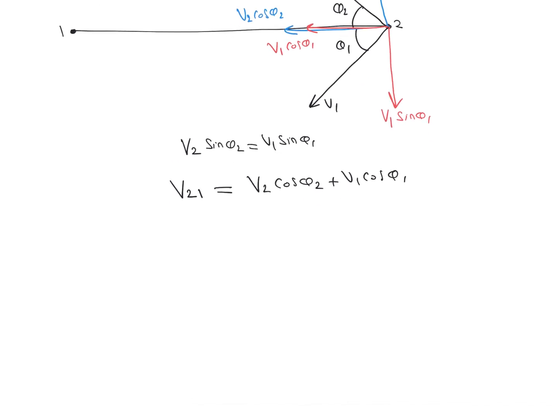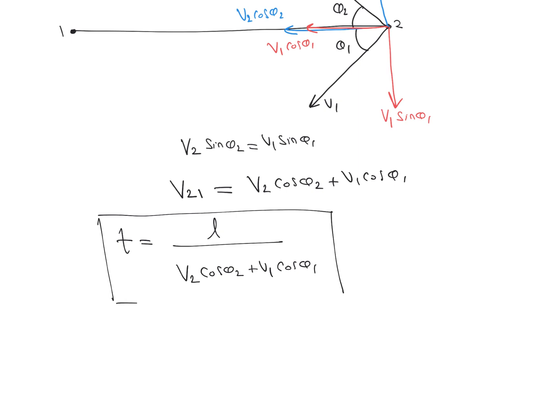So the time taken for collision is equal to the distance L divided by their relative velocity, that is v2 cos theta 2 plus v1 cos theta 1. So this is the value of the time taken for collision, and this is the condition for collision.